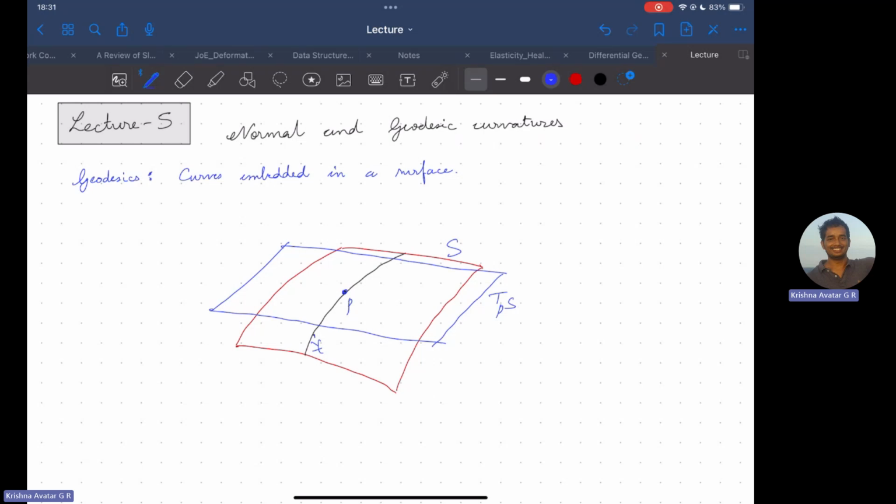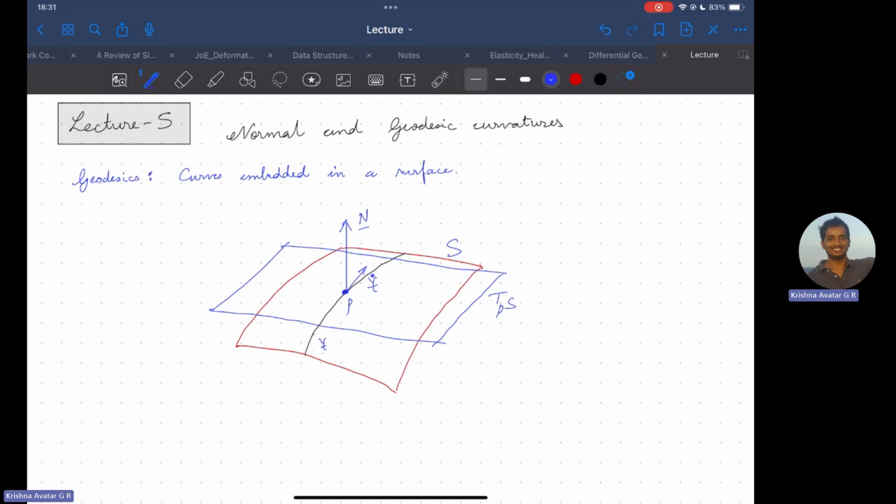And at that point P, the normal to this will be the normal vector. This is the normal vector to the plane, tangent plane. And as we recall, the local tangent vector to the curve at point P would be given by gamma vector and gamma vector dot, right?